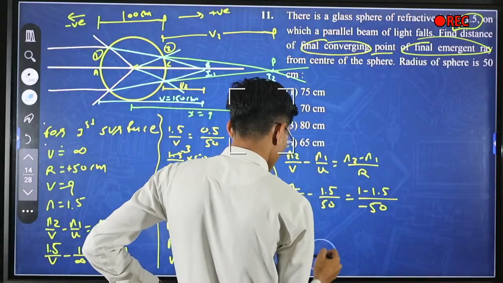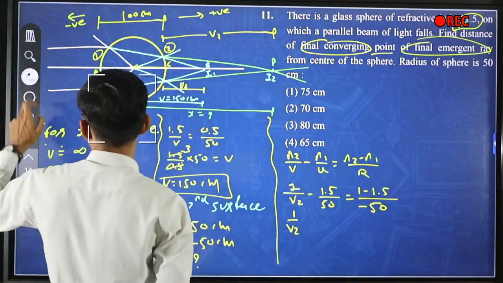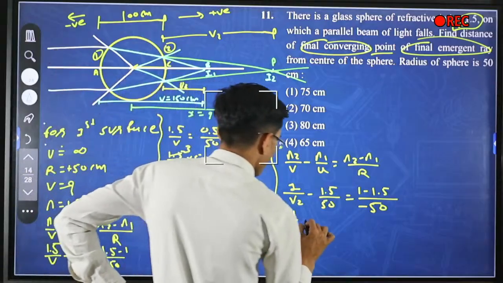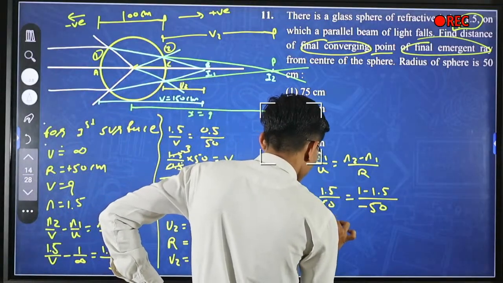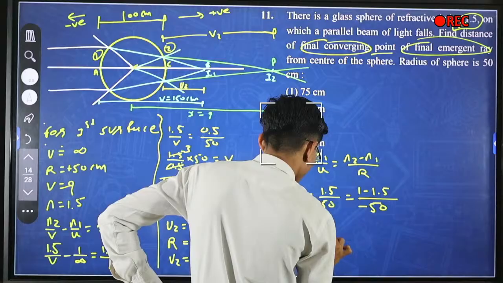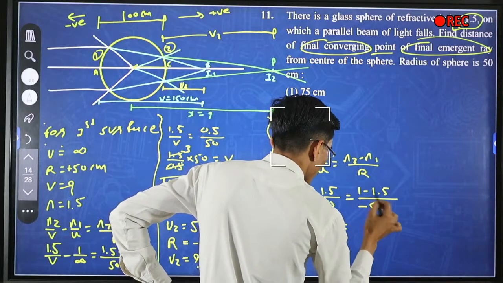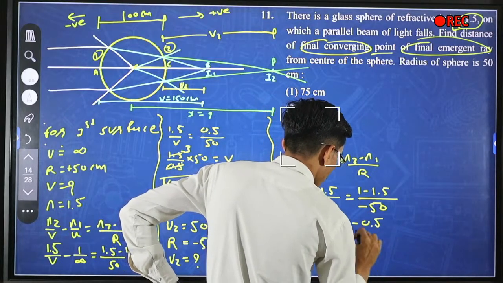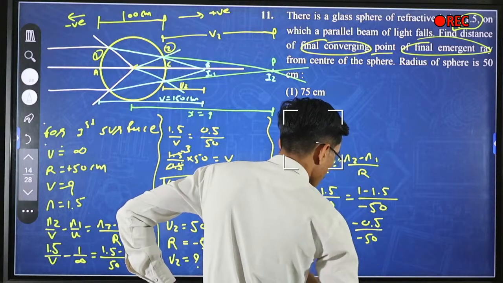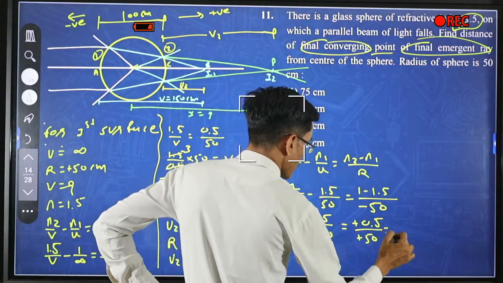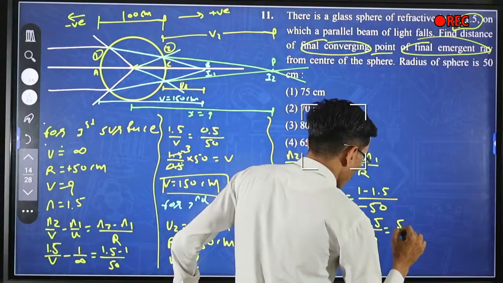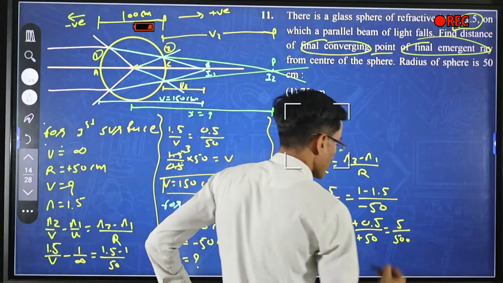The calculation mistake was from this step. Let us calculate further. Minus 15 divided by 500 is equal to minus 0.5 by minus 50. Minus minus cancel, so 5 divided by 500.